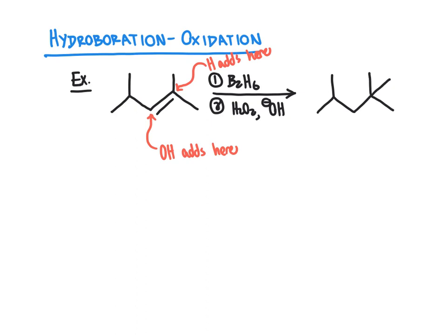So let's plug in our H, which we've added right there, and OH, which we've added right here, to give our addition product. In this particular situation, you'll notice that we actually have created an achiral product, because if we take a look at our carbon atom right here on the terminal end, that's not a chiral center, because it has two identical isopropyl groups bonded to it, not a chiral center, and so on.